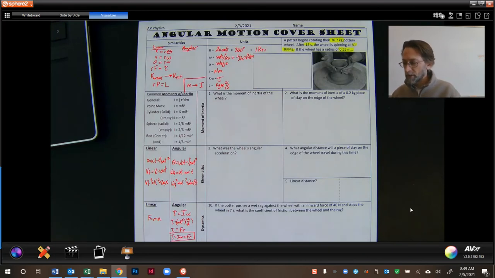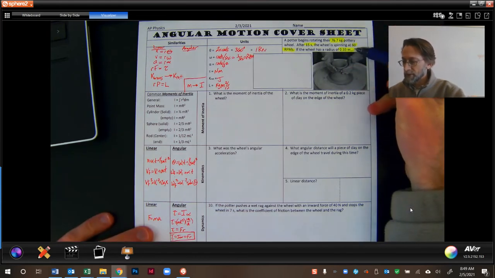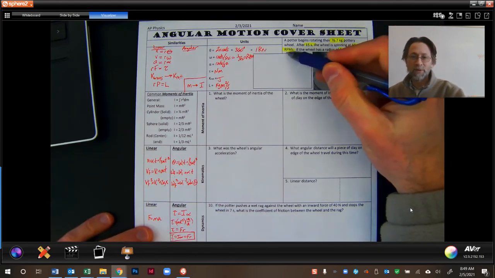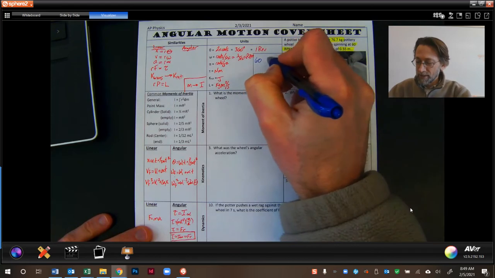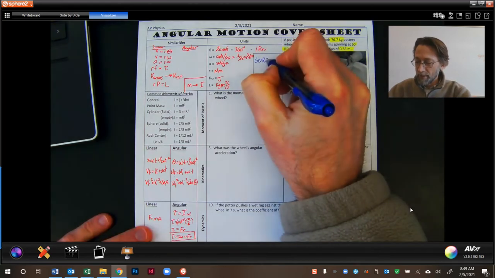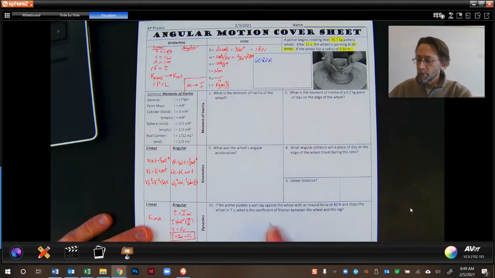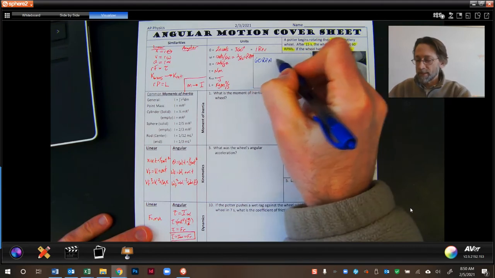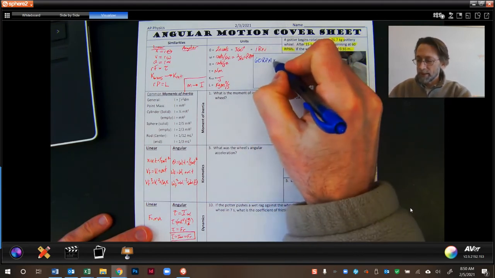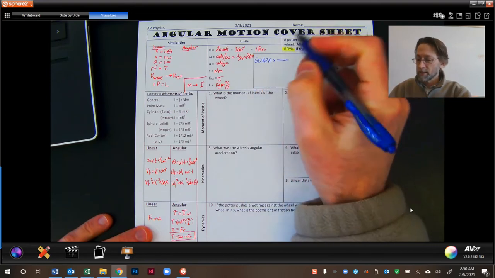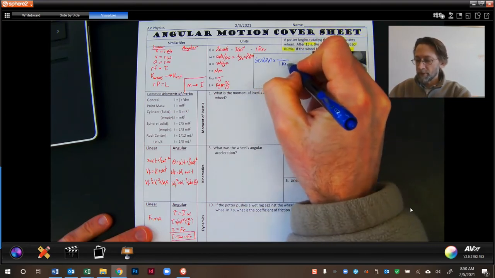The first thing I noticed is that these units are all good, kilograms, seconds, meters, except for this 60 RPMs. I want that to be in radians per second. So I'm going to start here with 60 RPM. Remember that RPM is revolutions per minute. I'm going to do a dimensional analysis where I get rid of my revolutions.